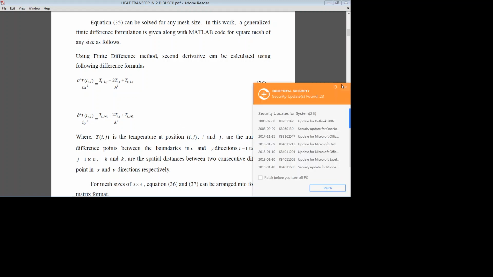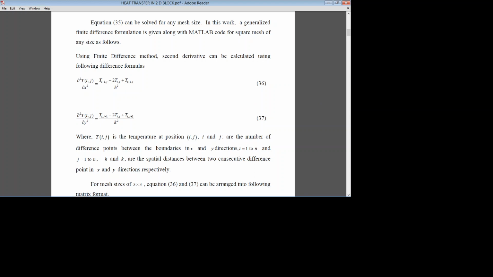Same for y: del square T upon del y square is T(i,j-1) minus 2T(i,j) plus T(i,j+1) upon k square, where j changes and the step size in y is k. Here T(i,j) is the temperature at position i,j, where i and j are the numbers of difference points between boundaries in x and y, and both change from 1 to n.